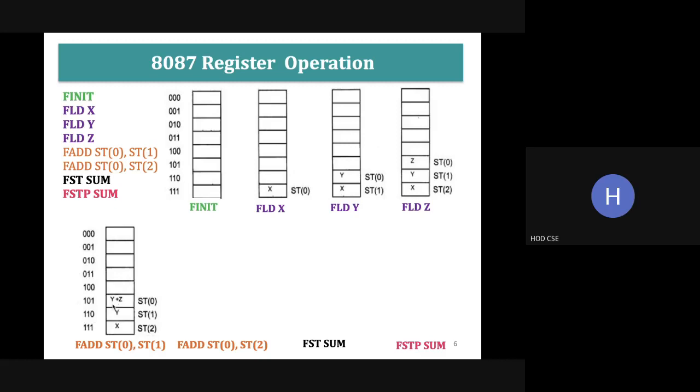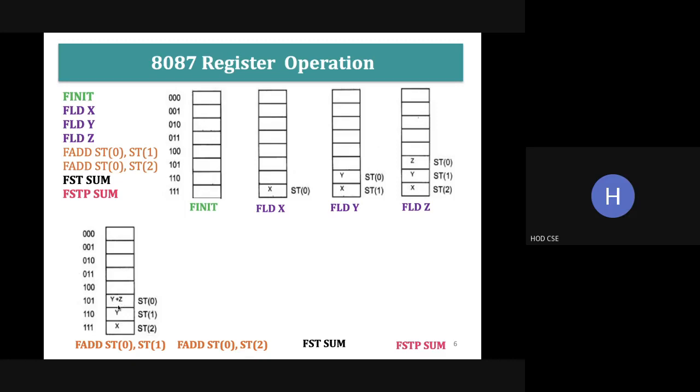So here, Y plus Z is available in ST of 0. In the previous register, ST of 0 was Z and Y is available in ST of 1. So we are adding these values and the result will be available in the top of the stack, that is ST of 0. So Y plus Z is available.